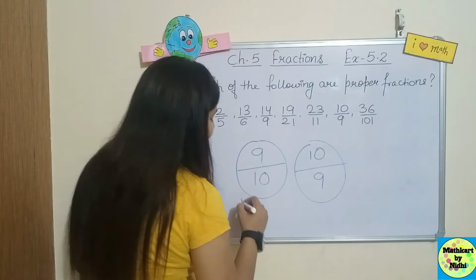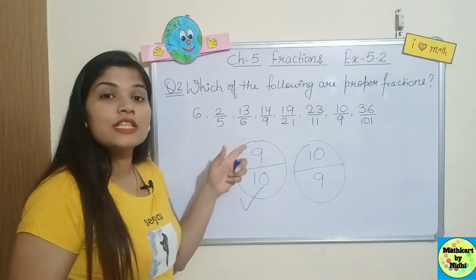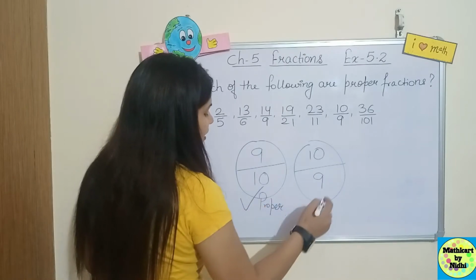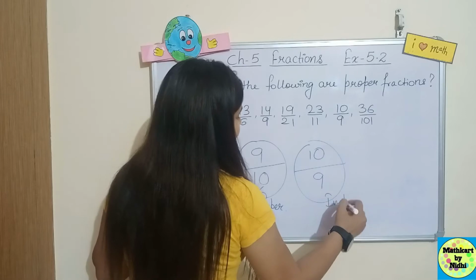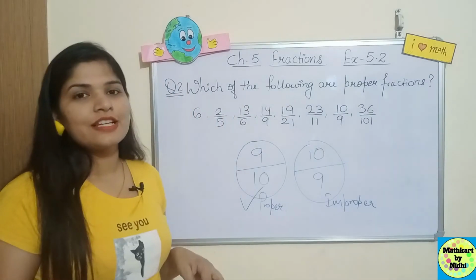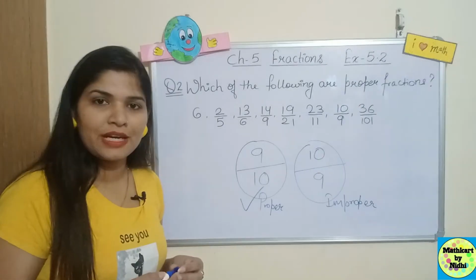Yes, it is 9/10. So this is the correct way of giving marks, right? This is the proper fraction. This is the proper way. And this is the improper fraction. I have discovered this myself, so you can also use it to memorize the difference between the proper and improper fraction.